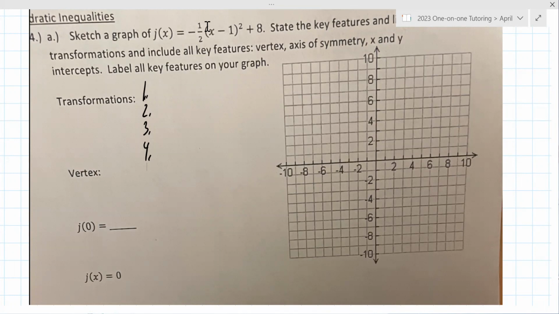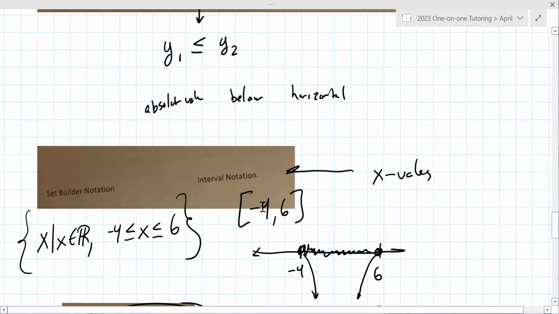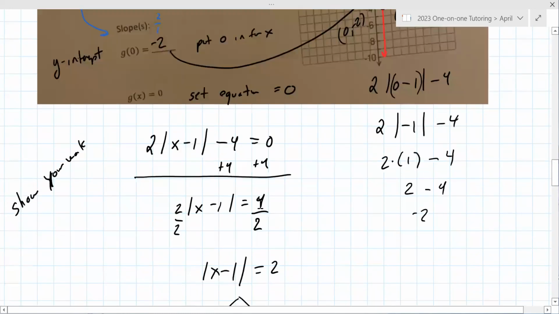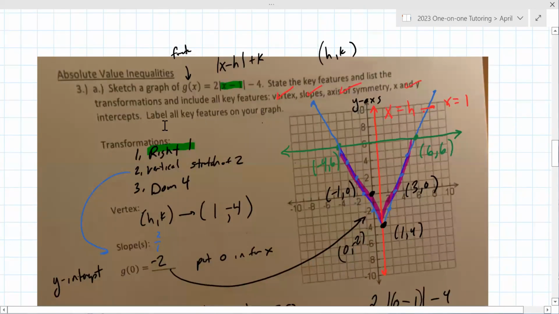All right. Any of these transformations? Would it be like down 1 and right 8? All right. Let's go back and look at the previous one. This previous one was really correct. Let's look at why. So why was it right 1? What was it about it that made it right 1 here? Because it was minus. Okay.